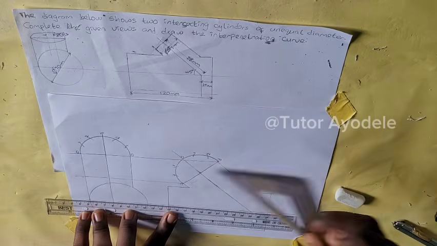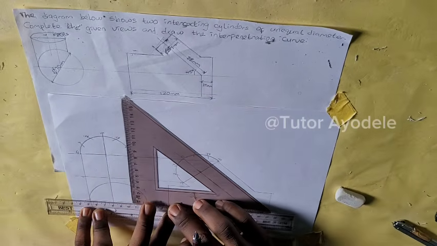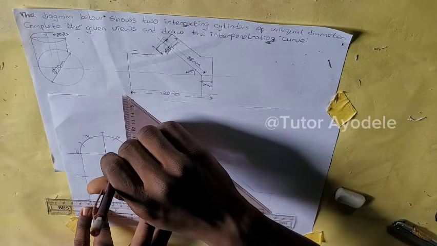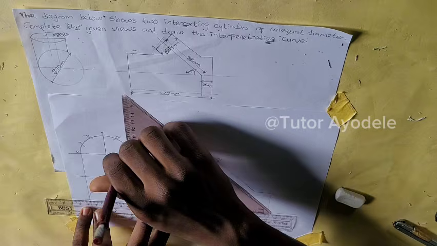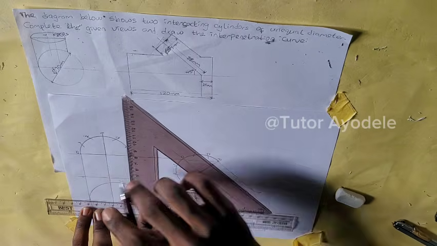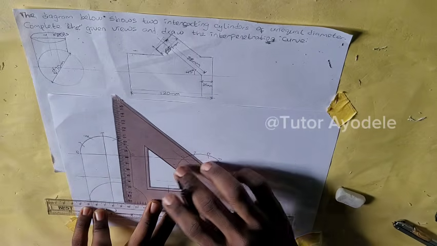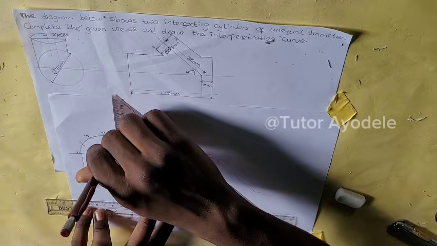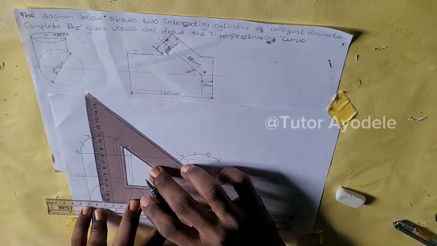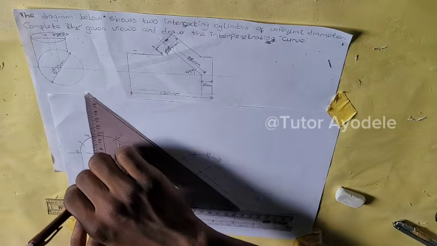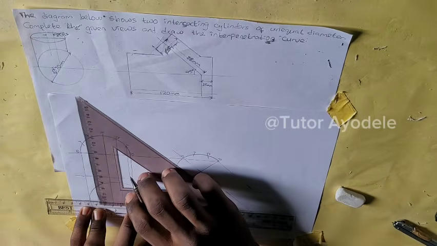Then I'm going to take my set square, and when it reaches one, I'm going to draw a line down to two again and one.